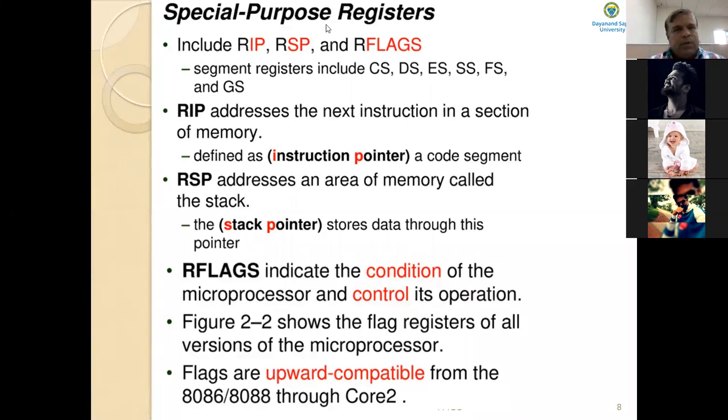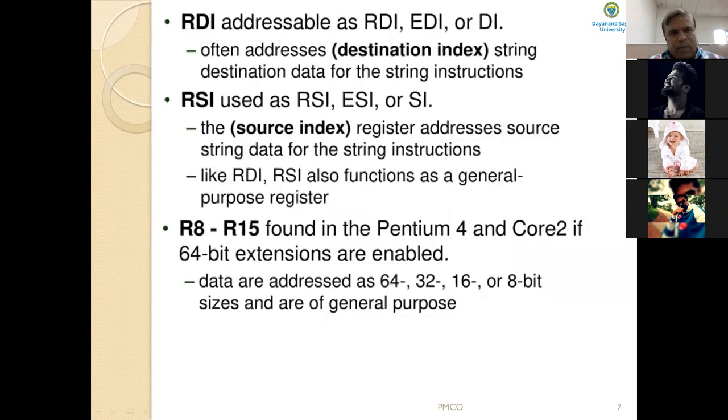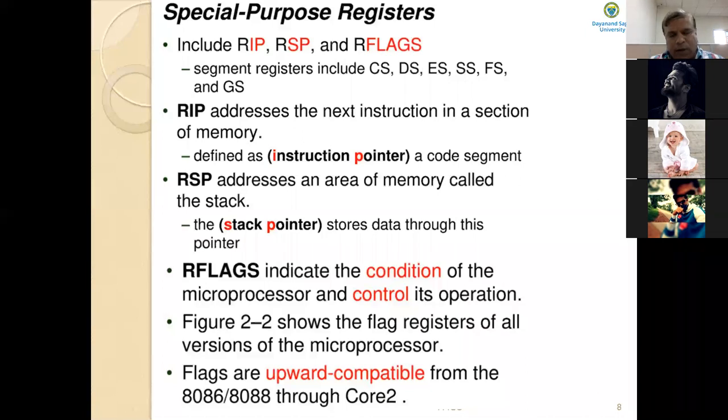Then some registers are used as special purpose registers. Which are those? Special purpose registers include the RIP, RSP, and R flags. If you observe the programming model diagram here, which are the special purpose registers? RIP, RSP, R flags.